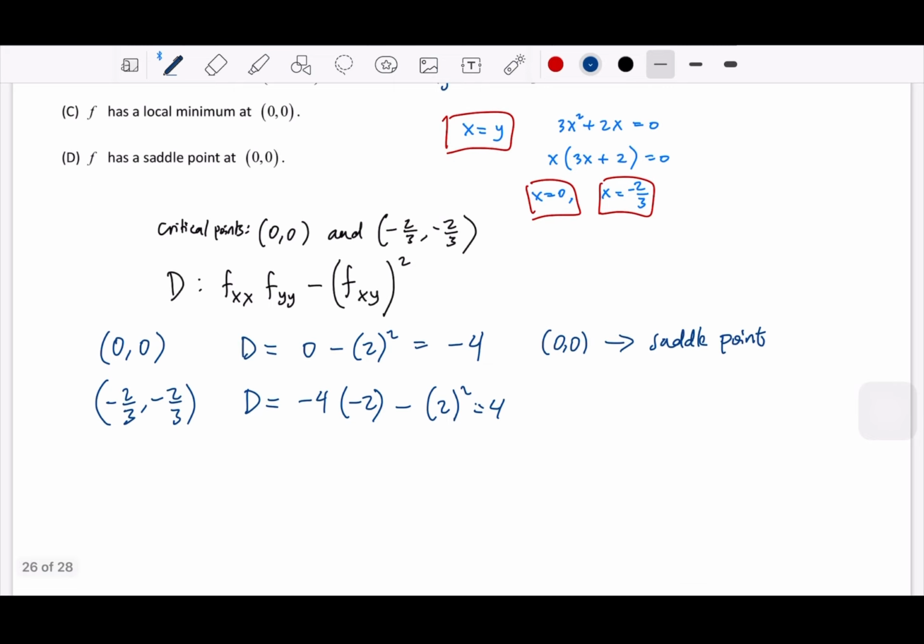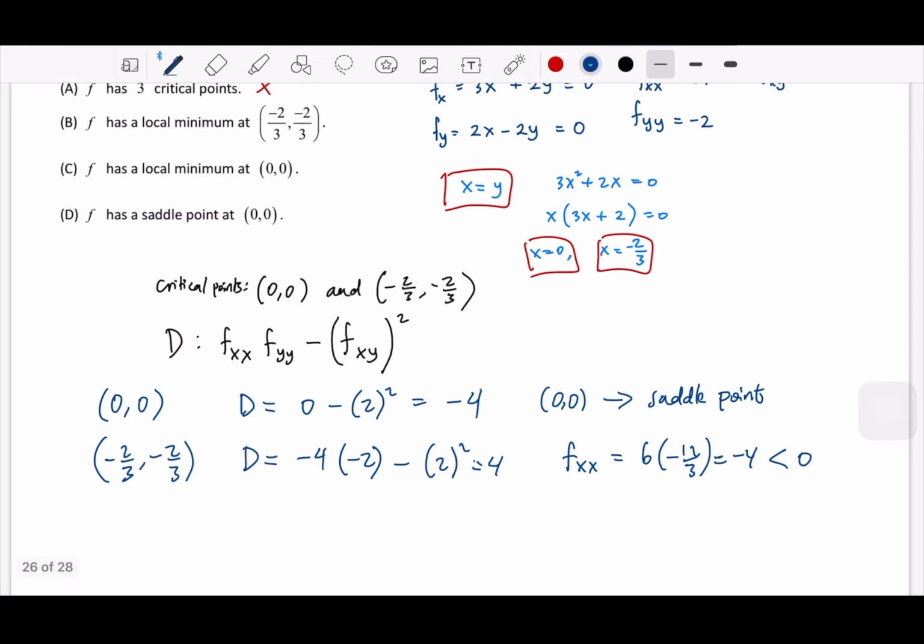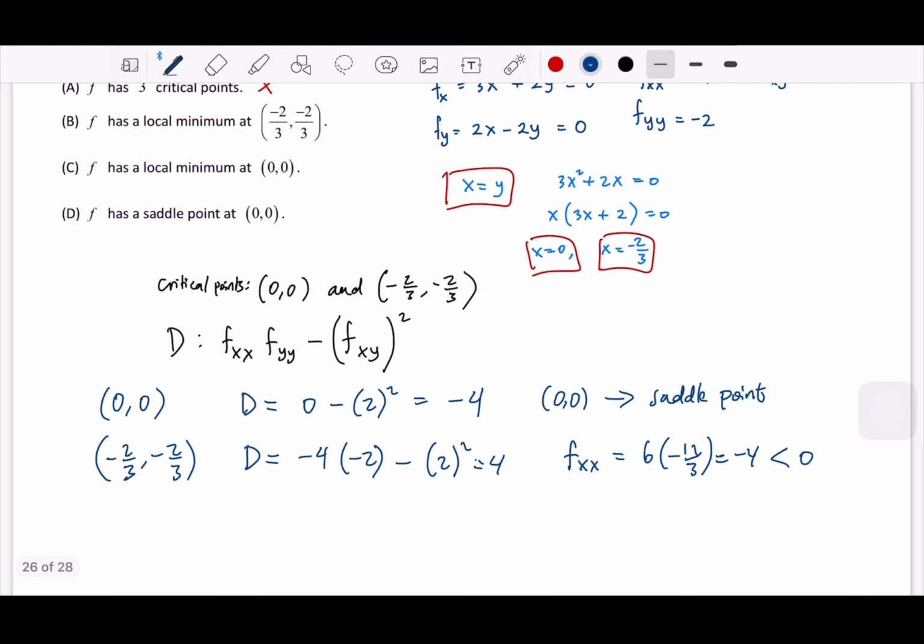So D is positive. When we check partial xx, it is 6 multiplied with negative 2 over 3, which is negative 4. So it's less than 0. So negative 2 over 3 is a local maximum.